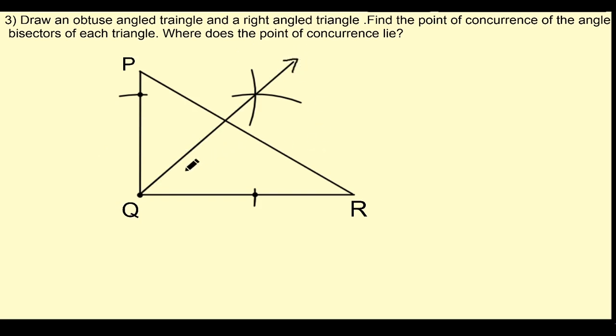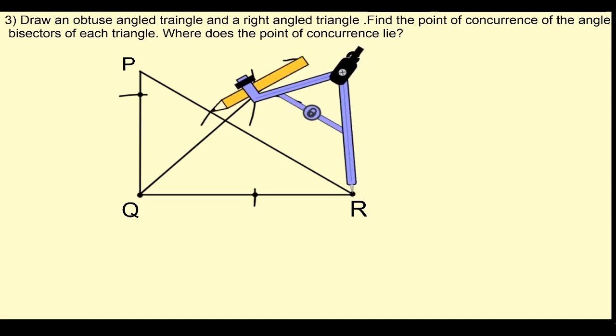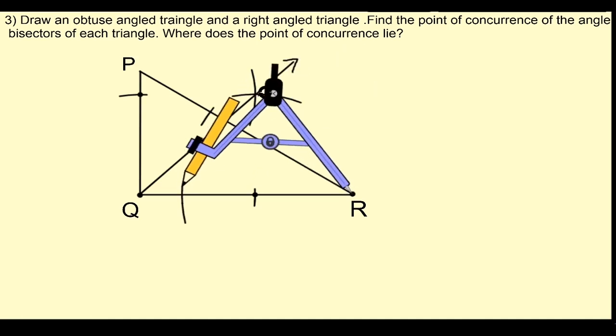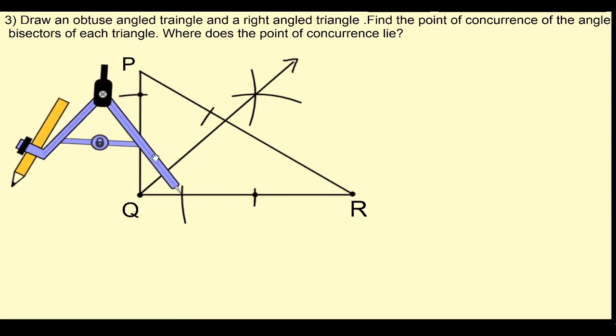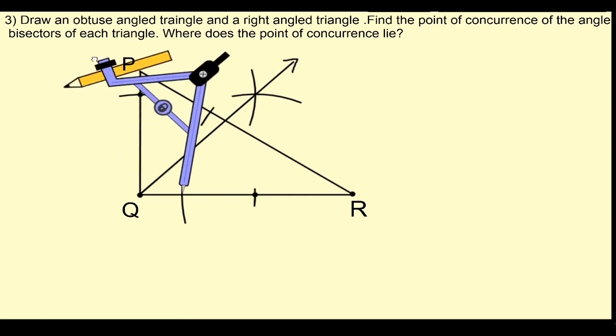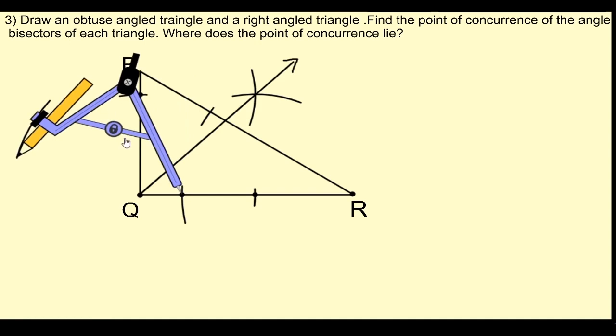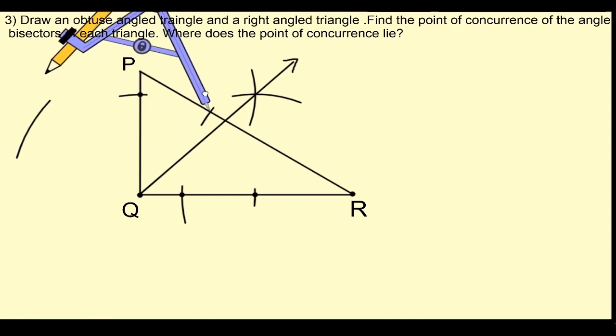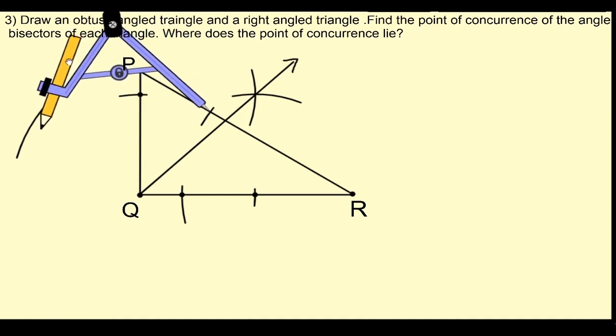Now place the steel head of the compass on point R and draw arcs on both the sides of the triangle. Then place the head of the compass on one of the arcs and draw another arc. Similarly, we will do it for the other arcs.